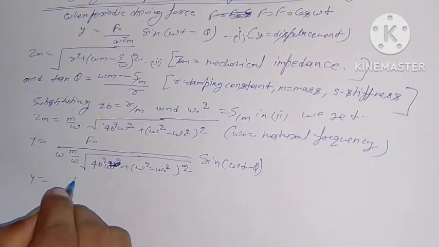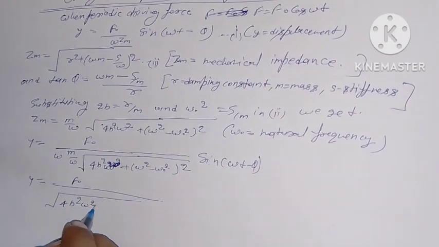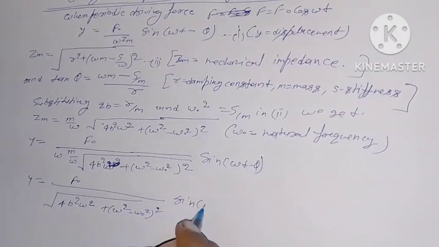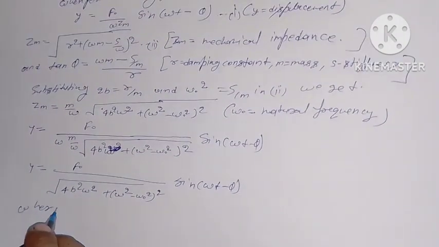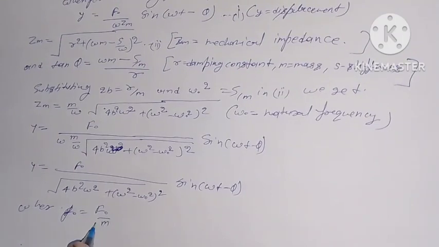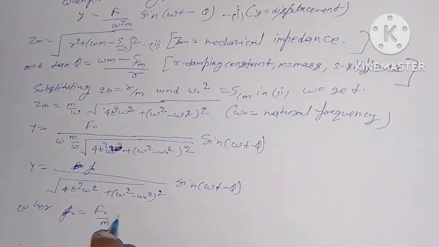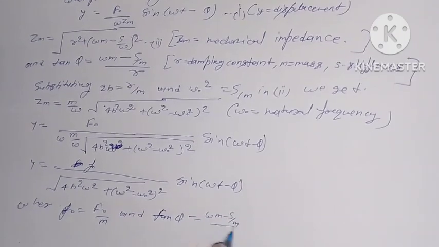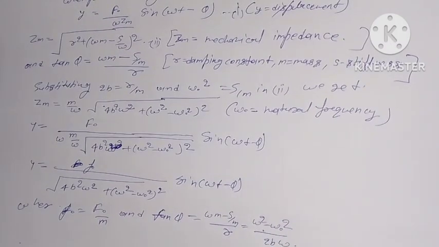That is, y equals f naught upon the square root of 4b square omega square plus (omega square minus omega naught square) whole square, sin(omega t minus phi), where small f naught equals capital F naught by m, and tan phi equal to (omega square minus omega naught square) whole upon 2b omega.